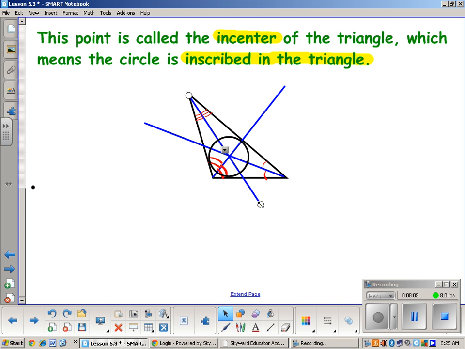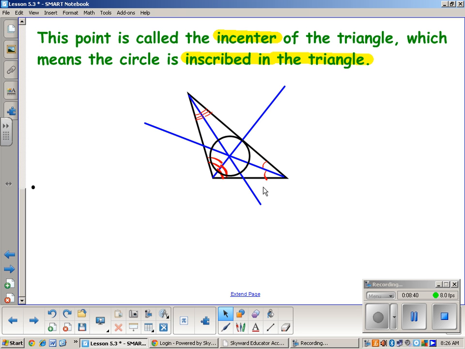But anyway, if we constructed all the angle bisectors, remember back in chapter 2 I think, we did constructions of angle bisectors and we did constructions of perpendicular bisectors. And if we applied those notes, we could construct these angle bisectors right here and down here, and over here.